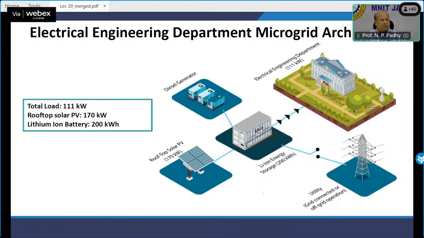But you will be surprised to know that I could have gone for even larger size batteries, isn't it? Instead of 200, even if I go up to 300, 350, 400 kilowatt hour, I can still accommodate the solar energy. But the solar energy during the cloudy season and winter, we have a harsh winter in Roorkee, so most of the time we are not able to get as high as 100%.